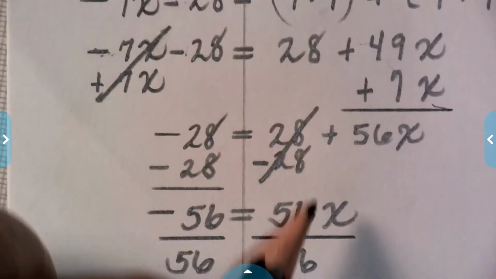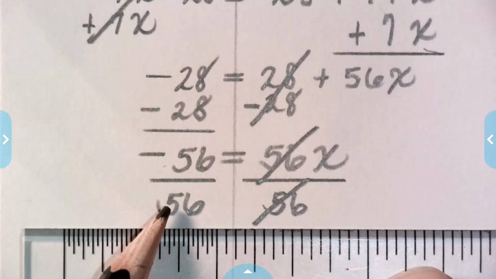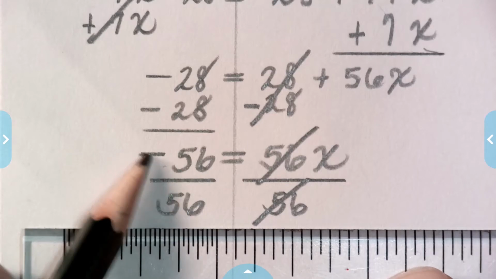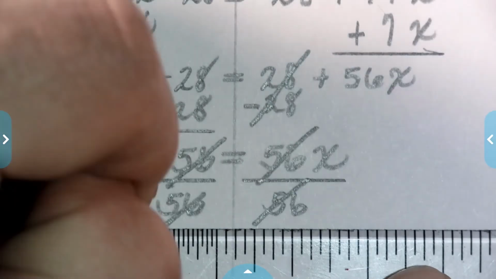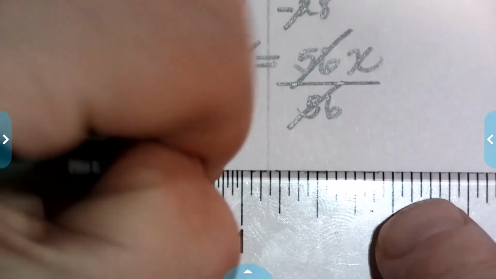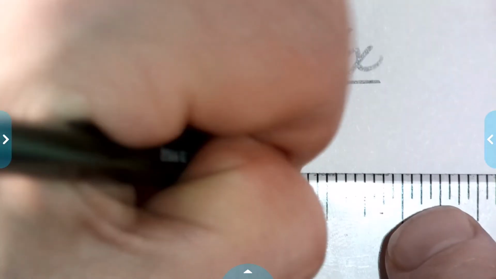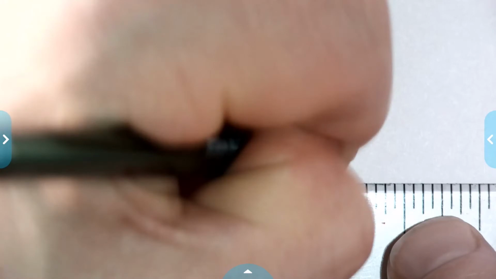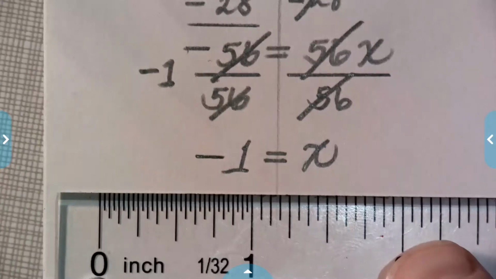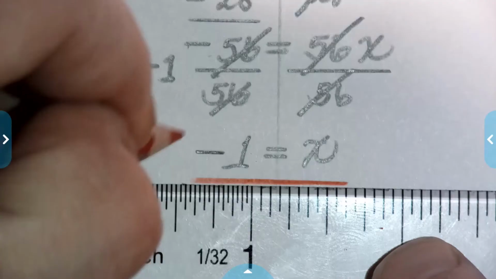Okay, well, 56 over 56 cancels. And now I've got 56 over 56, but I've got this negative hanging out. So when I cancel this down, I'm going to leave behind a negative 1. All right? So the answer is negative 1 equals x. So we're going to go ahead and put that in a box. That was a cool problem.